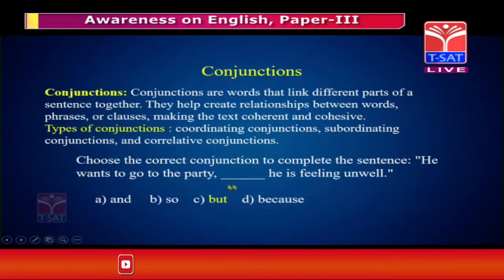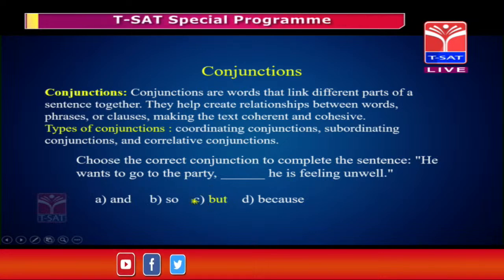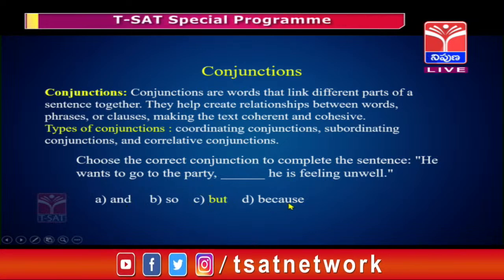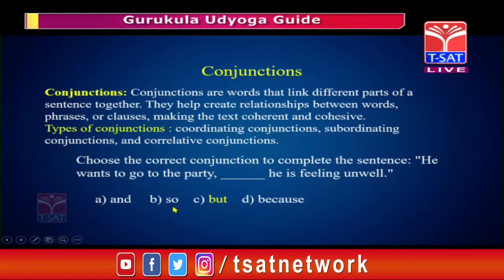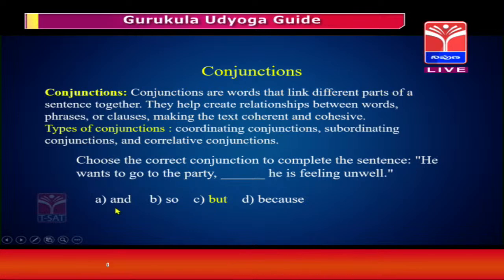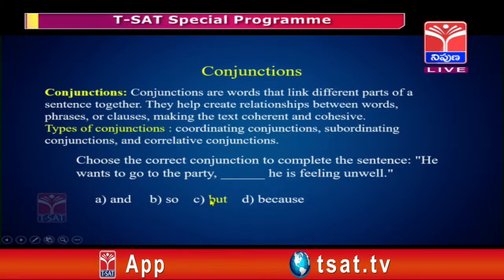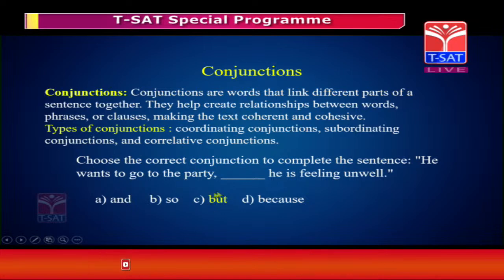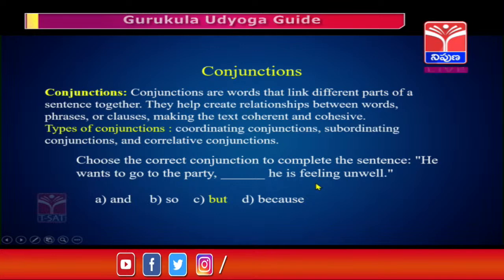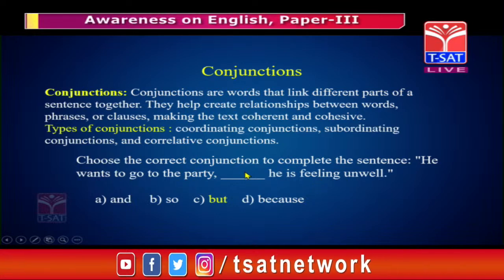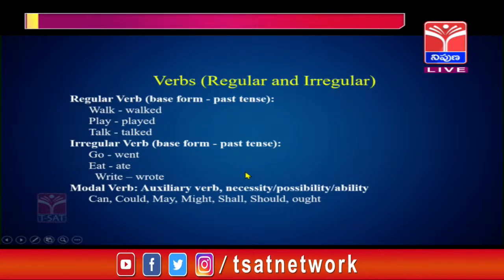So we have to identify which conjunction suits there, because 'because' always talks about the reason, always gives the explanation. But here we are giving why he is not able to attend the party: he is not feeling well, but he is not feeling well. That's the reason the conjunction 'but' suits here.